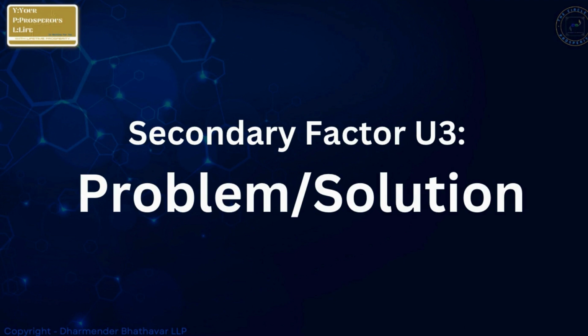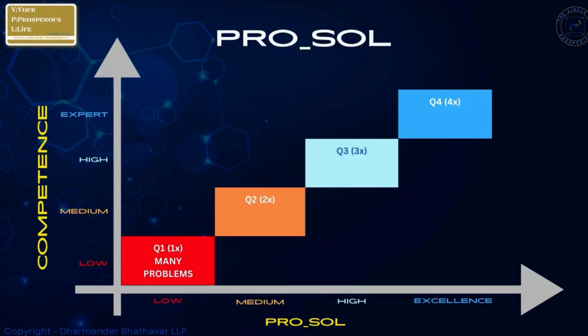To go to the next understanding with respect to this secondary factor, let us try to understand the quadrants. If your competency is low with respect to the problem to solution factor, and your solving capacity is very low, that means you are placed in quadrant 1 and you are dealing with many problems.